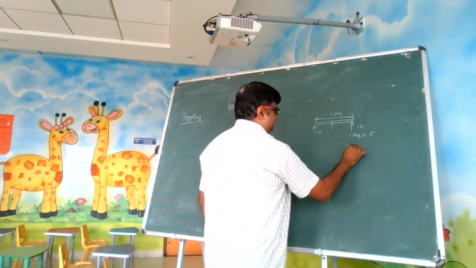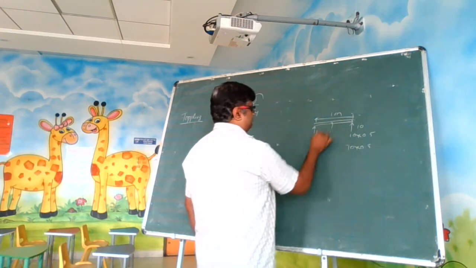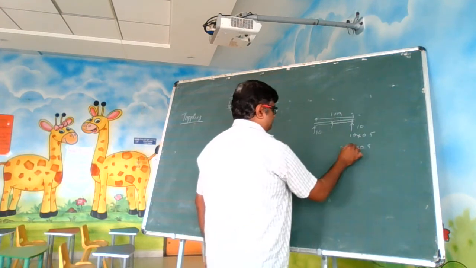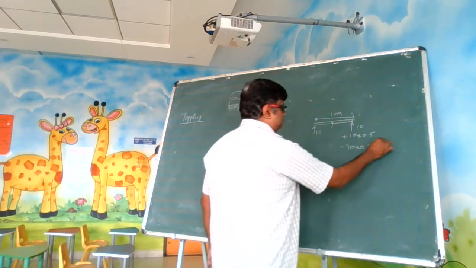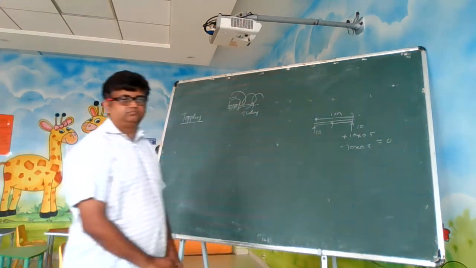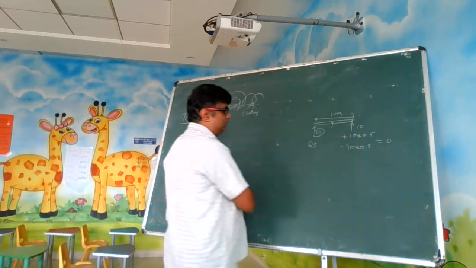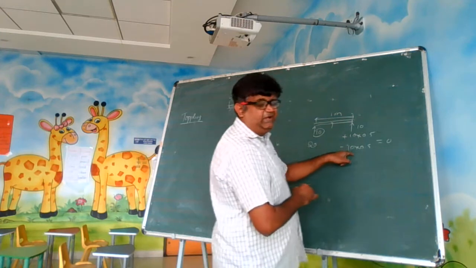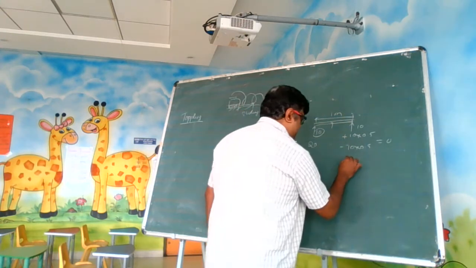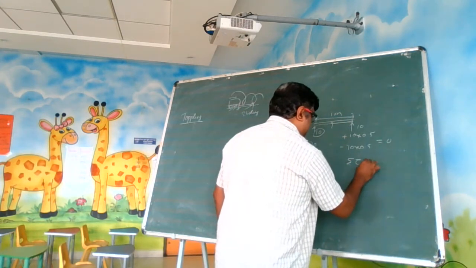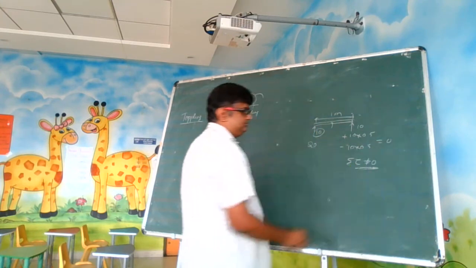This is 10 into 0.5 about this point. This is clockwise, so this is minus, this is plus. Add these two, you are getting 0. Suppose instead of 10, it was 20. What will happen? This will increase. In that situation, sigma t is not equal to 0.